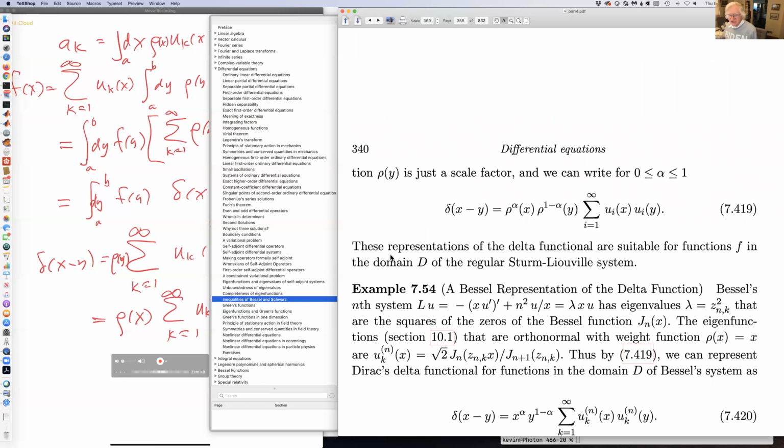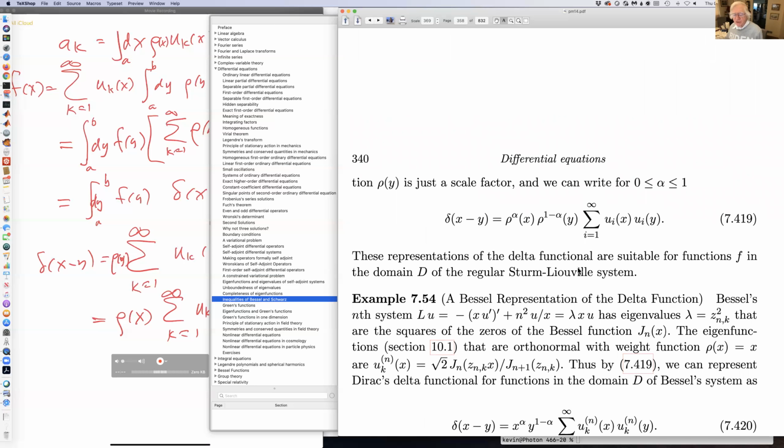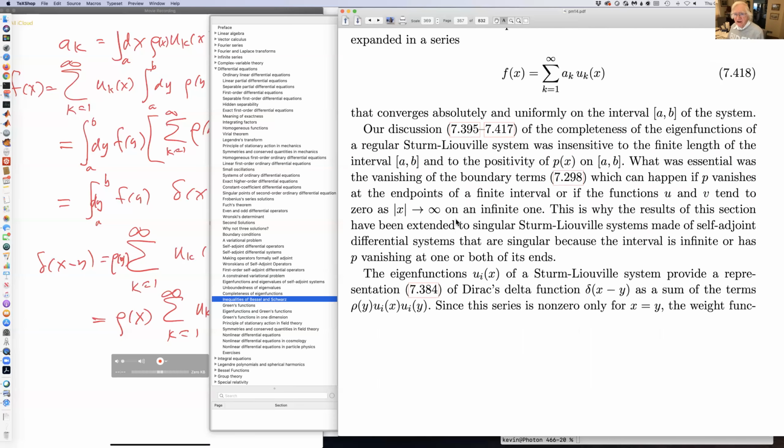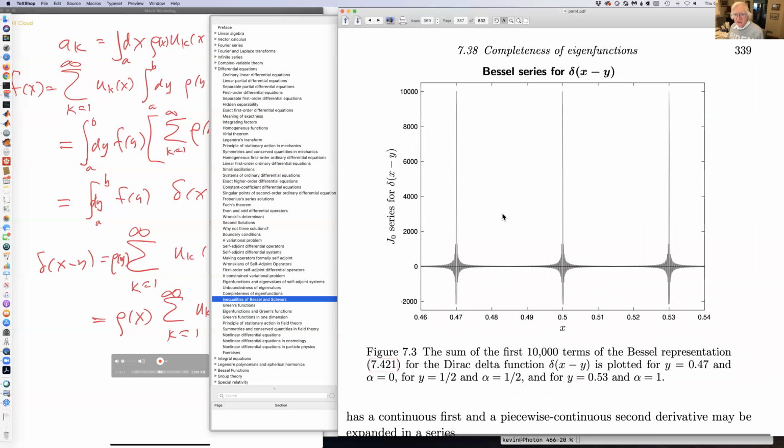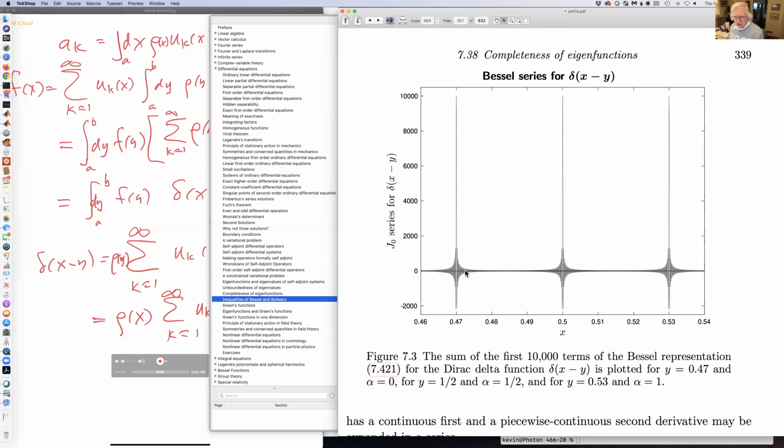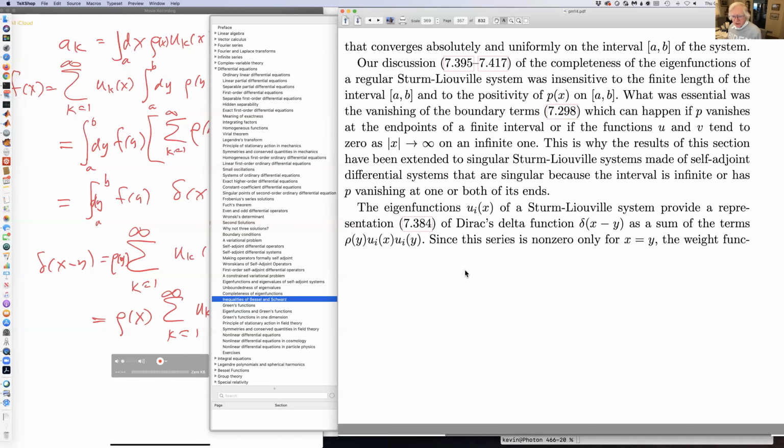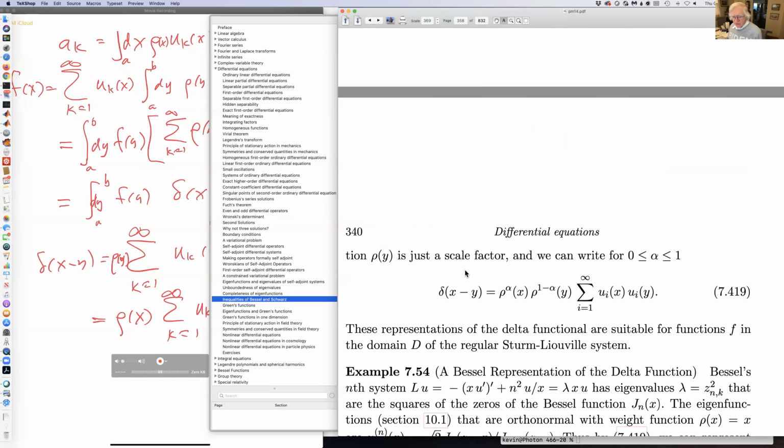So the eigenfunctions of a Sturm-Liouville system with weight function rho provide a representation for the delta function, and I illustrated that using MATLAB for 10,000. If I had gone to 100,000, this thing would have been much higher, and the jitters here would have been finer and more violent.